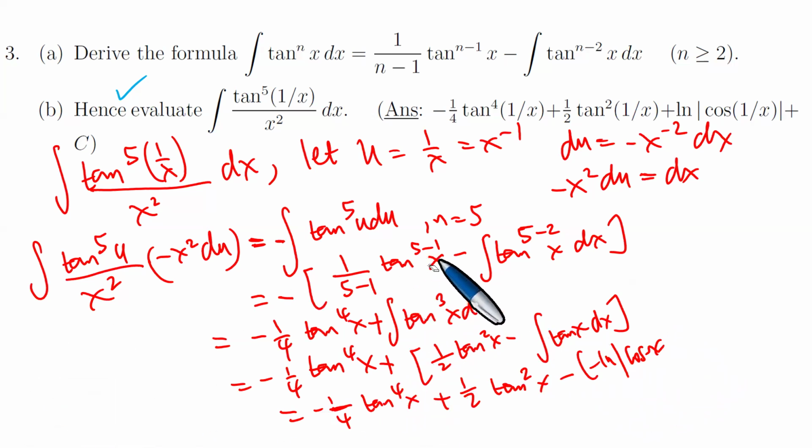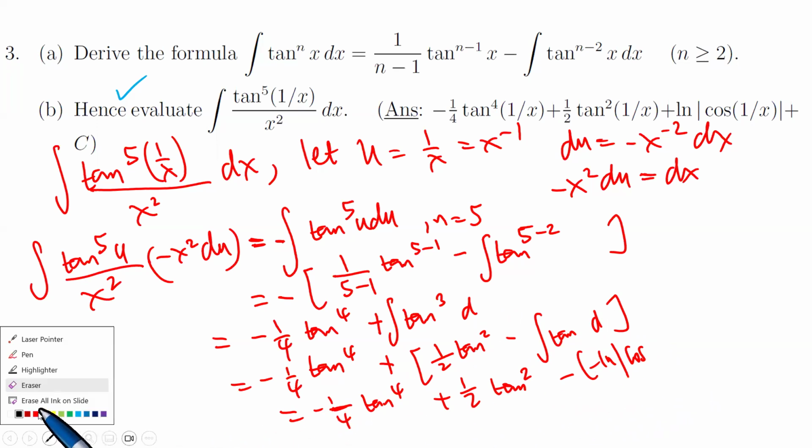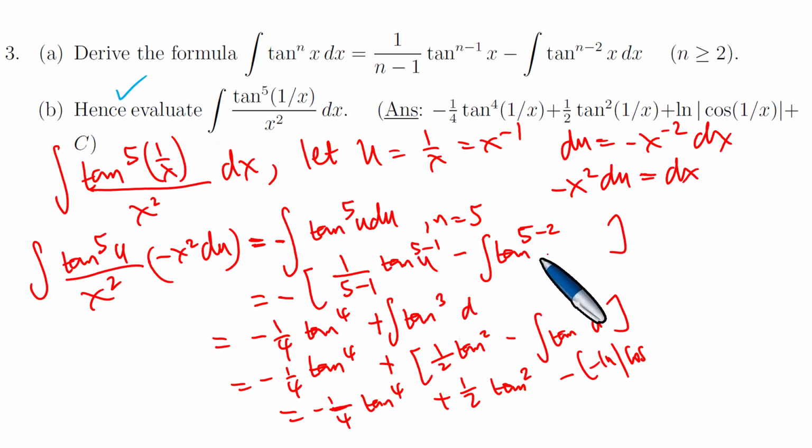Right. Okay, so look, these things here, all the angles here, must become u. Everything must become u here: u, u, du, u, u, du, u, u, u, du, u, u.